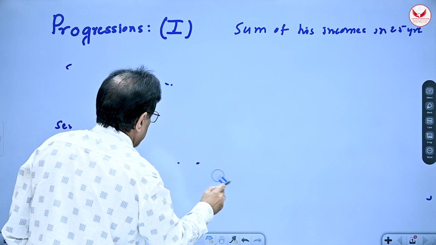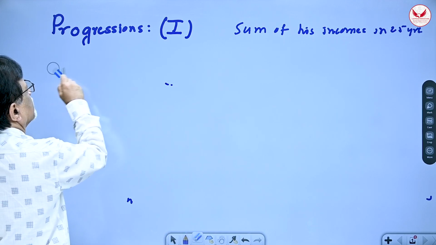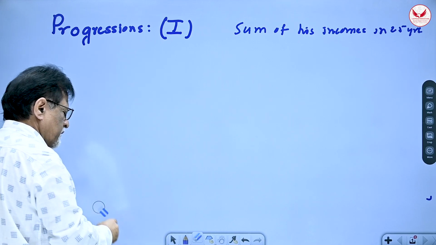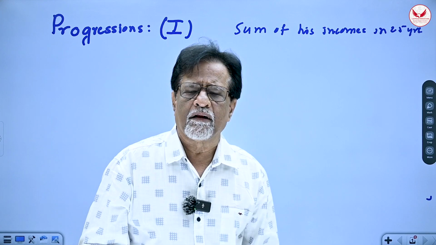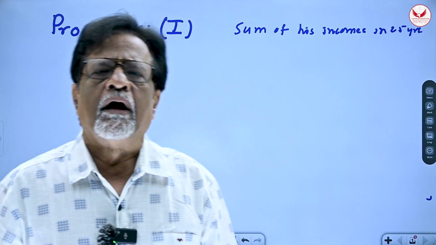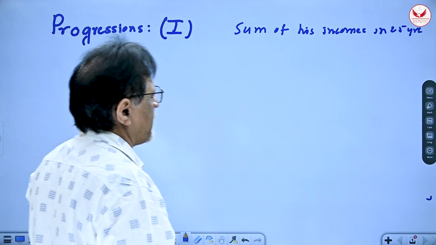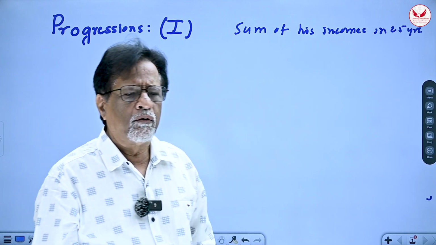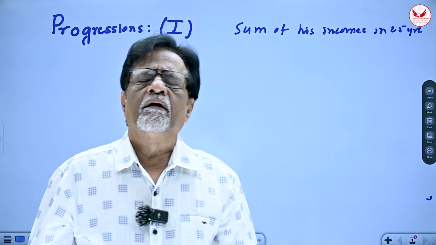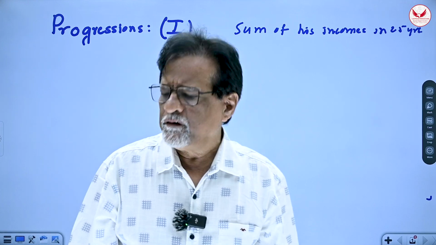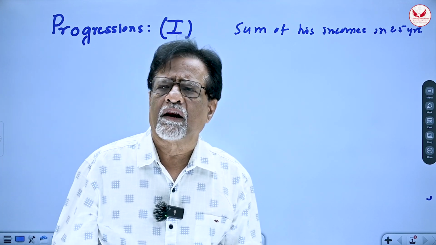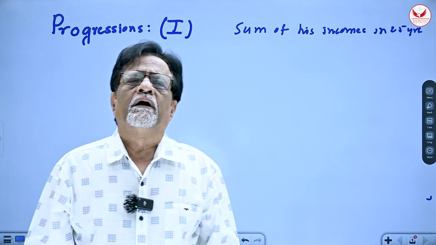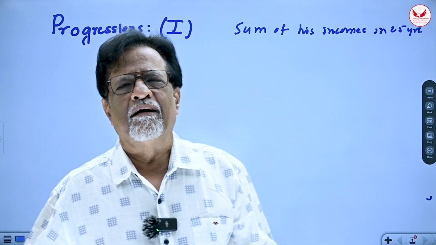So therefore, now this reminds me of a very famous story in mathematics, about one of the legendary mathematicians. What happened was, this fellow was just in second standard, and there was a teacher. There were 80 students in the class, and the teacher, all over the world teachers are the same, like India only, right?